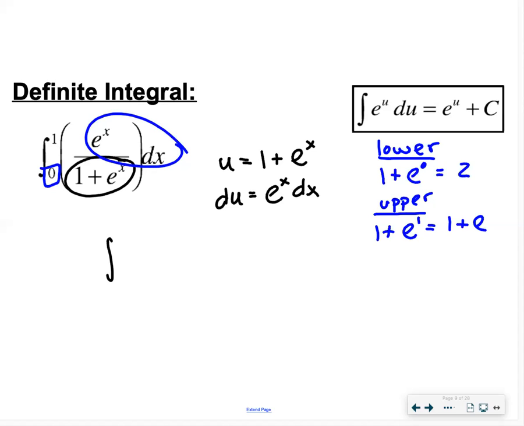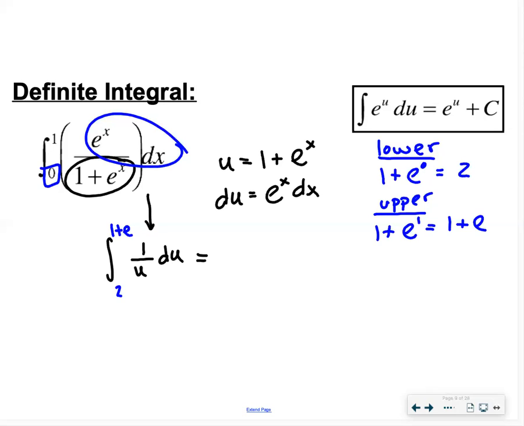So I'm going to rewrite. My lower boundary was 2. My upper boundary was 1 plus e. And what else do we have? It looks like just 1 over u du. All right.